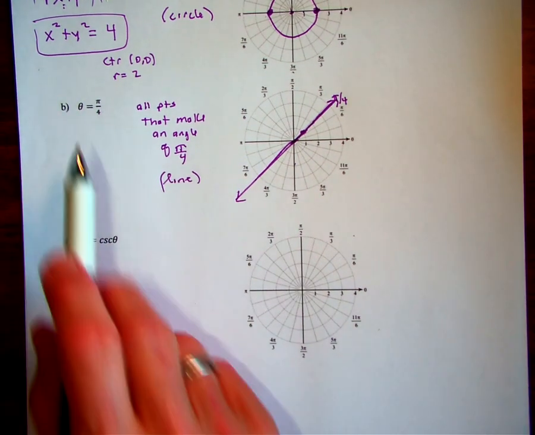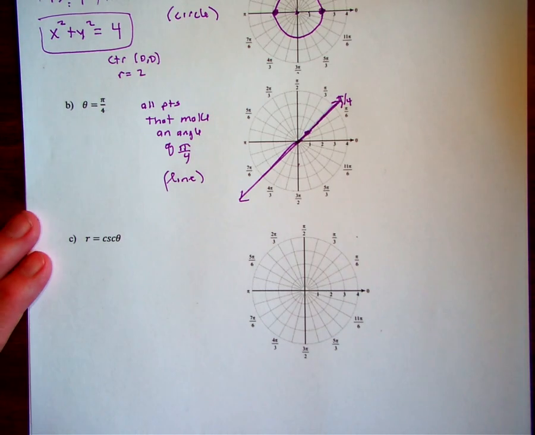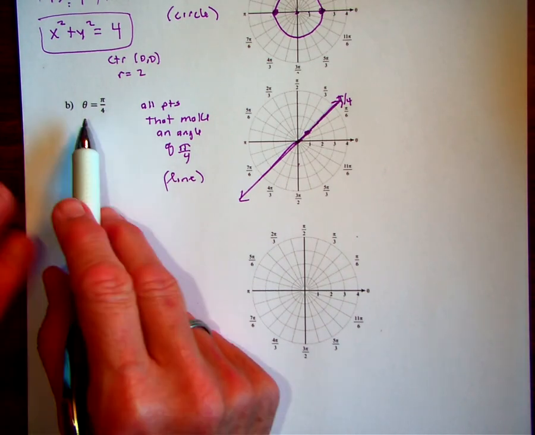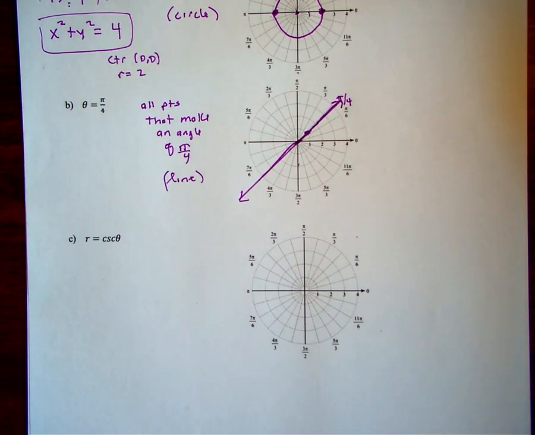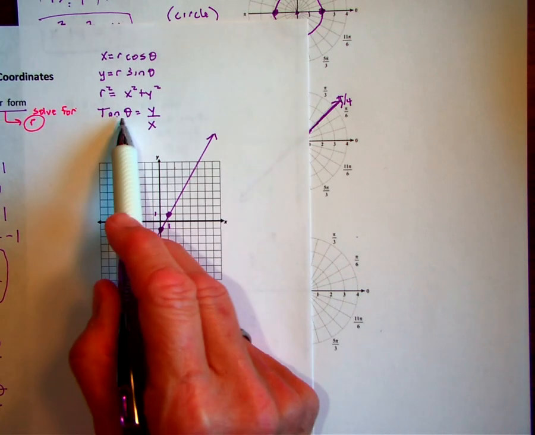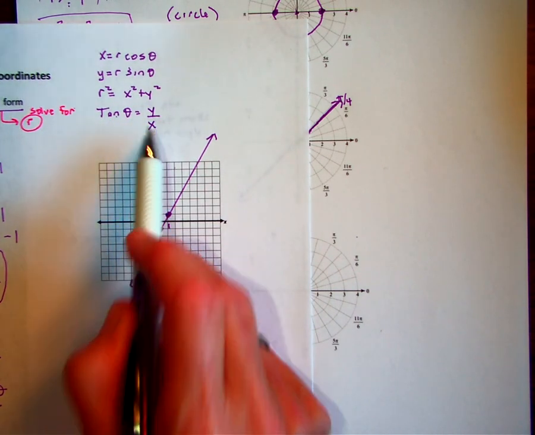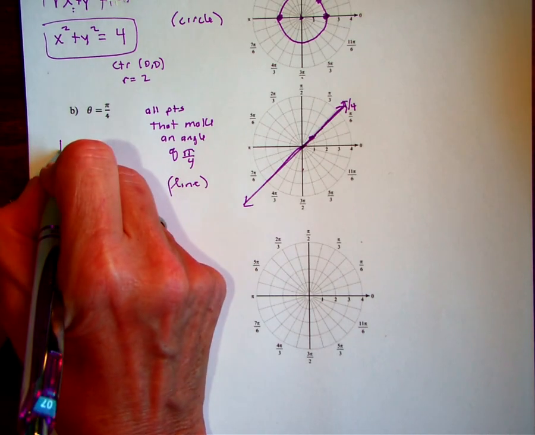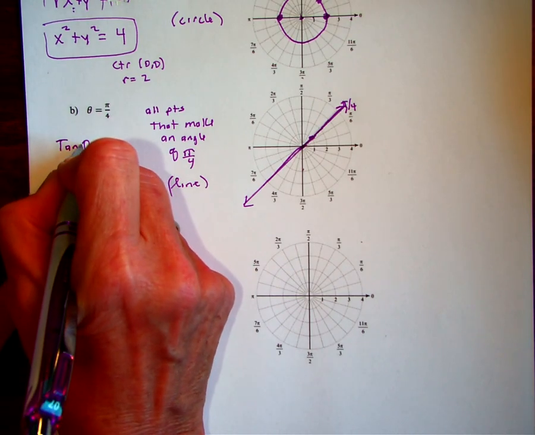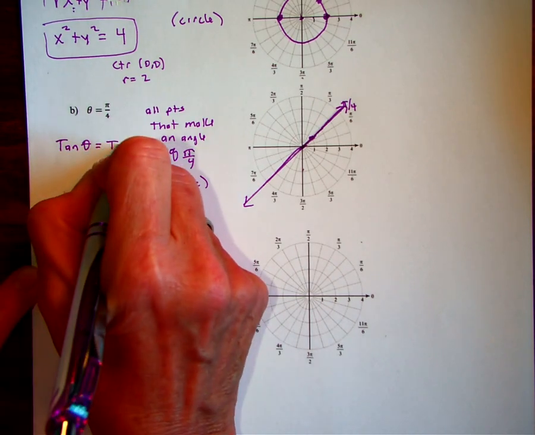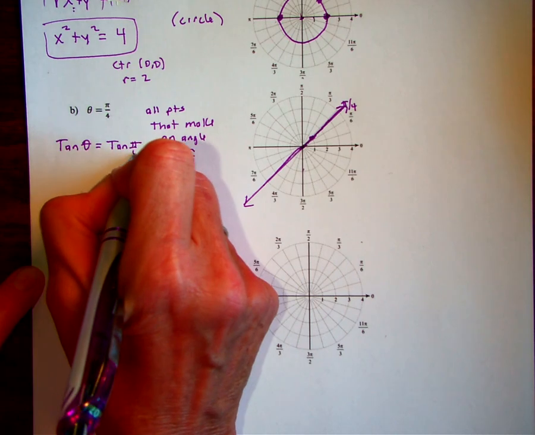What's the equation look like in rectangular? All right, what we'd like to do is convert. Let me again get my little guys back here. I'm going to use my tangent relationship because that'll bring in x and y. So I'm going to take the tangent of the left-hand side, theta, is equal to the tangent of pi over 4.